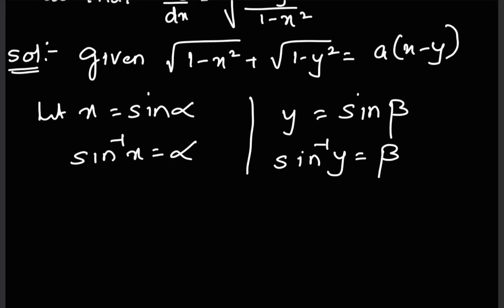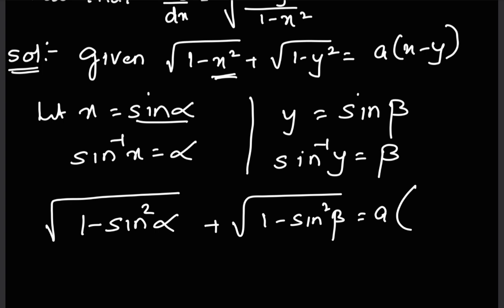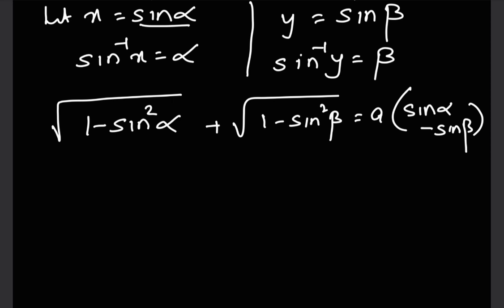Now substituting in the given part, the problem turns out to be under root of 1 minus, instead of x we are writing sine alpha. So this turns out to be 1 minus sine square alpha plus under root of 1 minus sine square beta is equals to a into, what is x? Sine alpha minus sine beta, y. So we know that 1 minus sine square theta is equals to cos square theta.